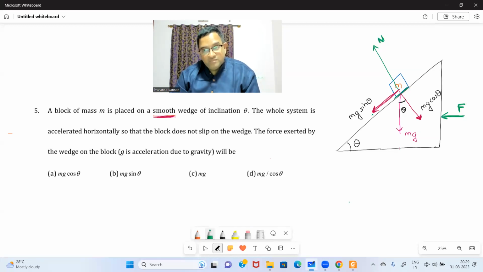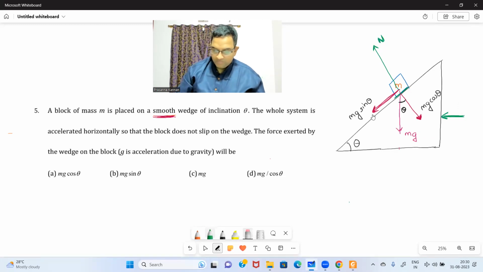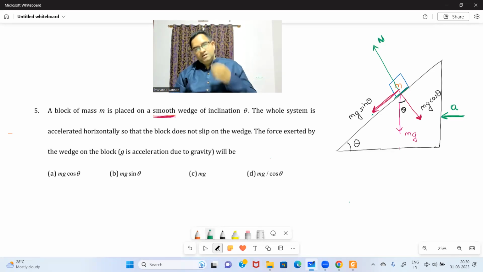The wedge along with the mass, everything is moving towards the left. With what acceleration? A. F is equal to ma. Clear, guys? So the wedge is moving with an acceleration A.